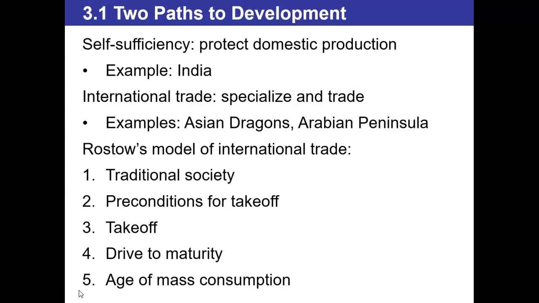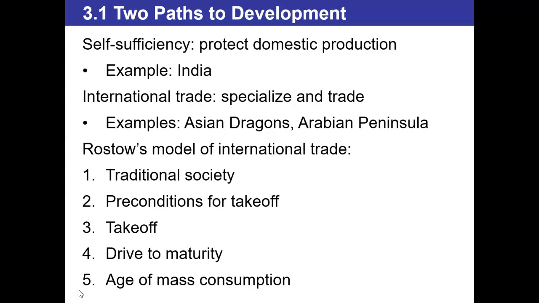The Arabian Peninsula includes Saudi Arabia, the region's largest, most populous country, as well as Kuwait, Bahrain, Oman, and the United Arab Emirates. The Asian dragons focus on producing manufactured goods like clothing and electronics, and the Arabian Peninsula countries use petroleum revenues to finance large-scale projects such as housing, highways, hospitals, airports, universities, and telecommunications networks.